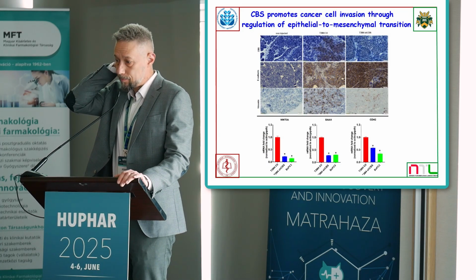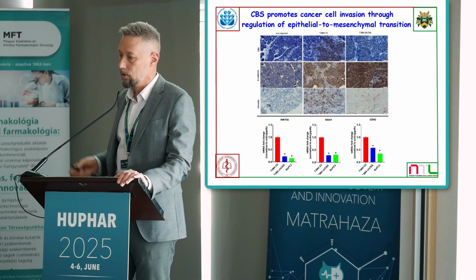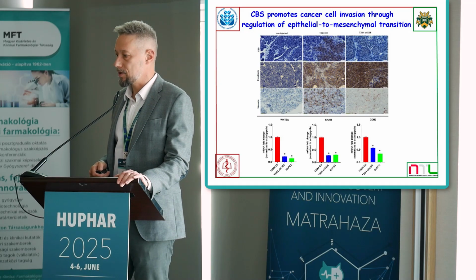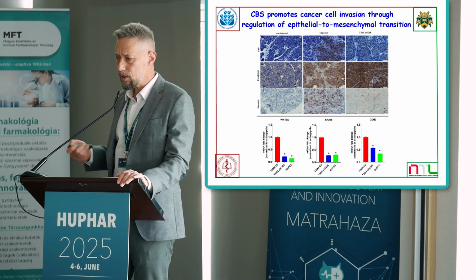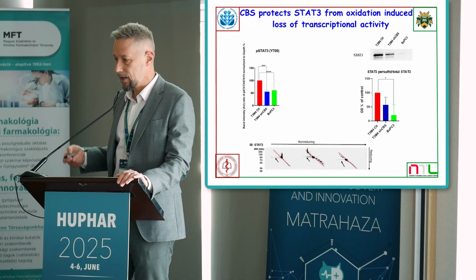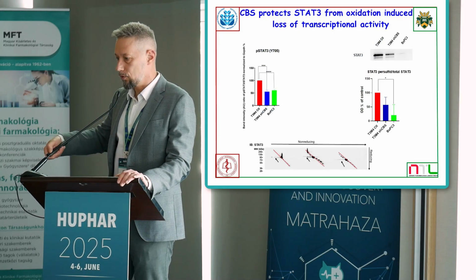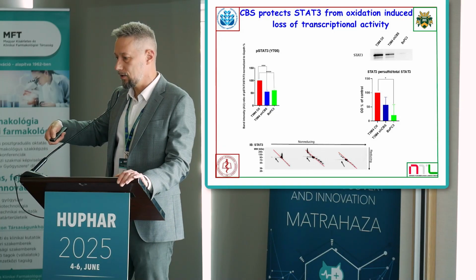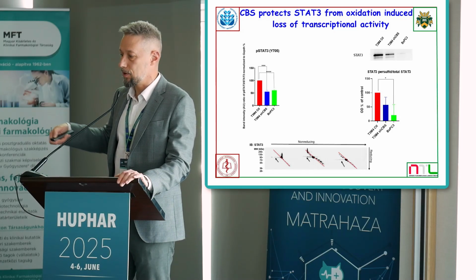Regarding the mechanism, we demonstrated that this was due to the epithelial to mesenchymal transformation. So CBS promotes epithelial to mesenchymal transformation. And again, to cut the long story short, we've shown that it is via STAT3, the transcription factor, which cannot be phosphorylated if you knock down CBS due to its oxidative modifications, which is protected in the presence of CBS by persulfidation-related mechanisms.